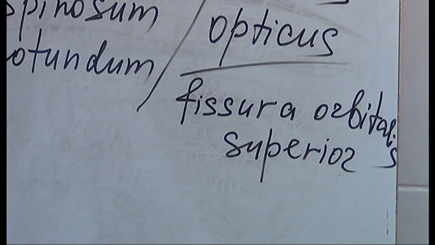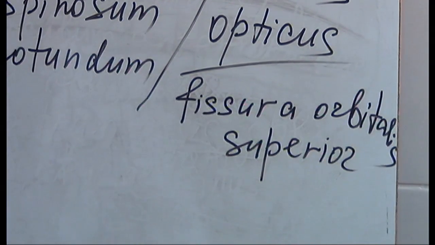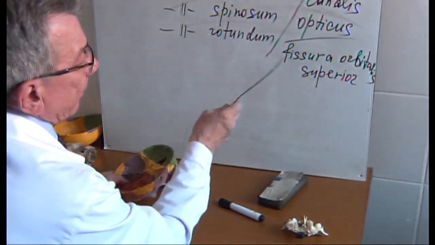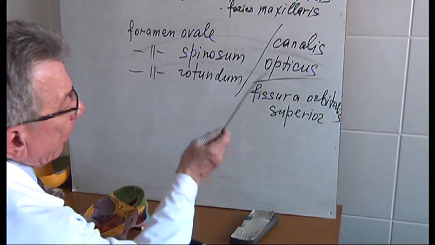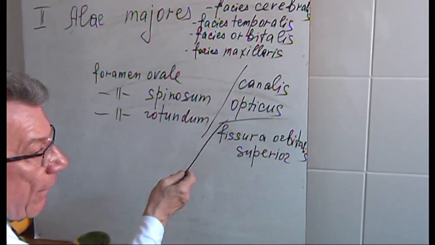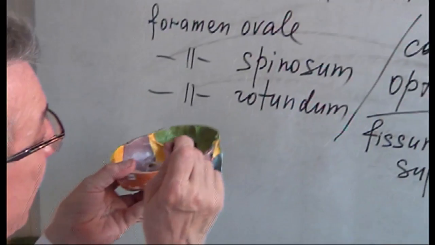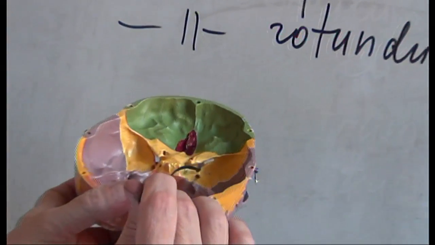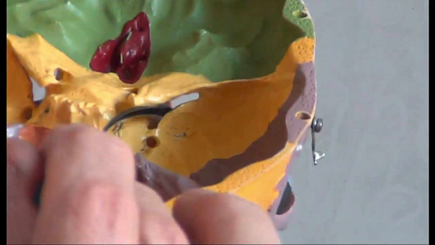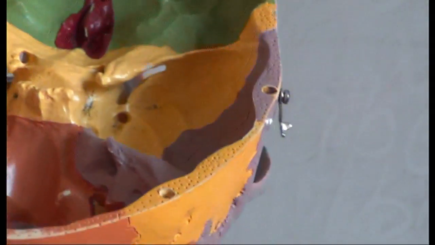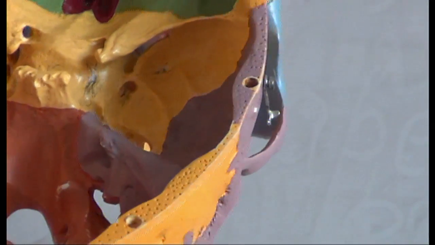I repeat that all these structures, fissura orbitalis superior and canalis opticus, do not belong to alae majores, but they are located close to them. So that's enough for the alae majores.